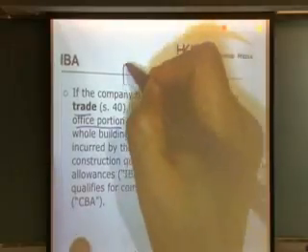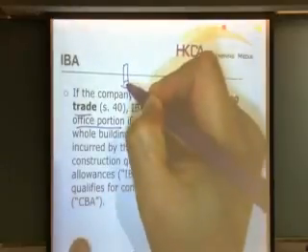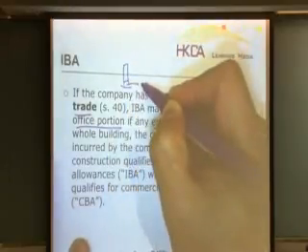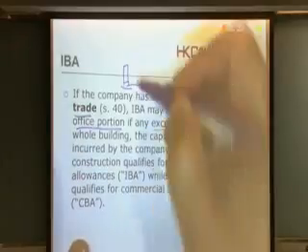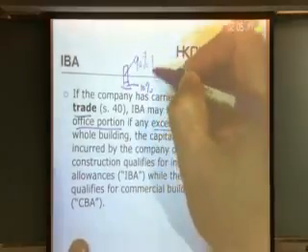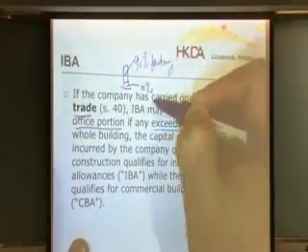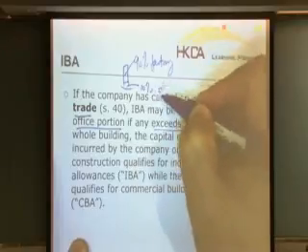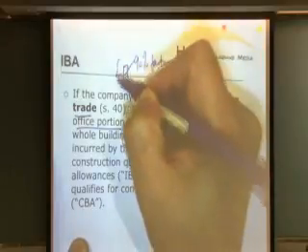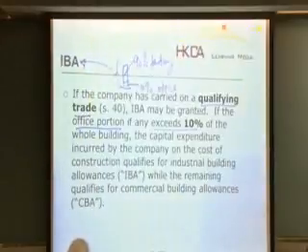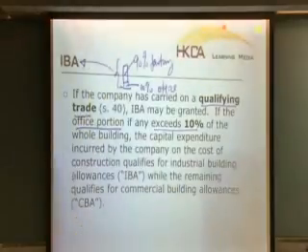So in diagram, if I have a building, the lower part is 10%. The upper part is 90% factory. The lower part is office. Then the whole building can claim IBA. We call it 10% rule.